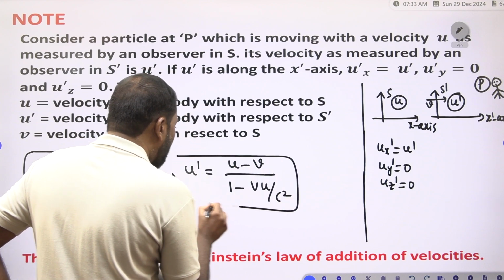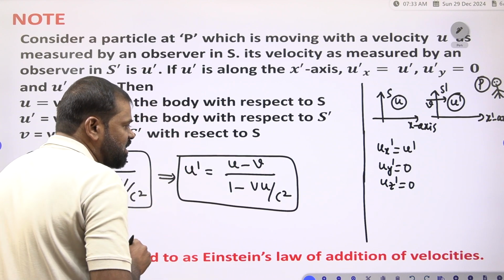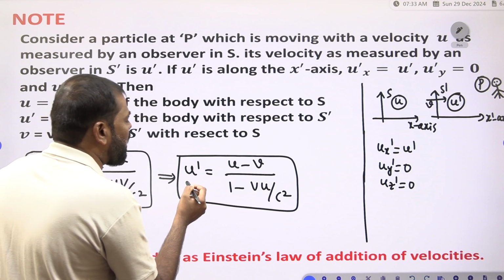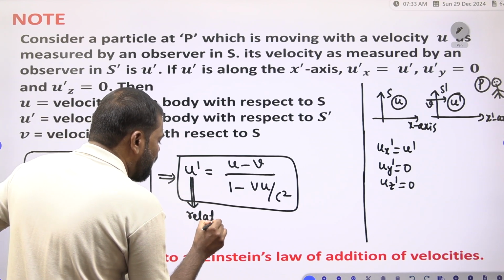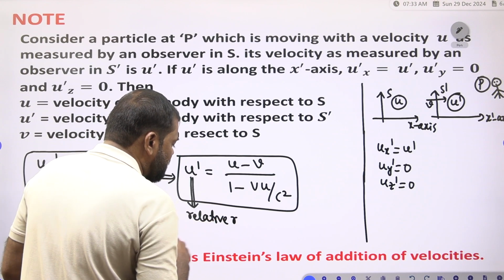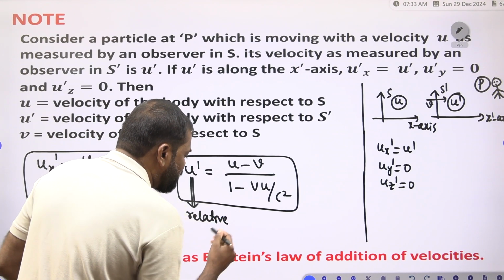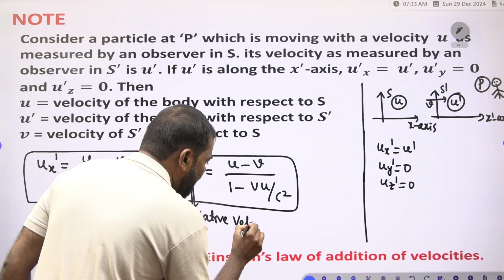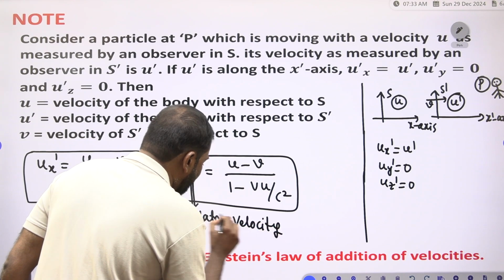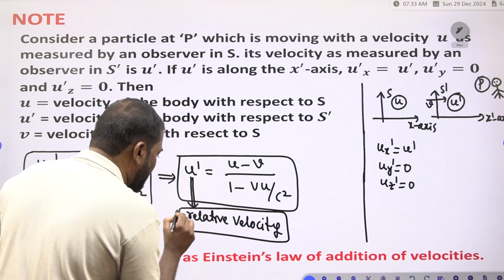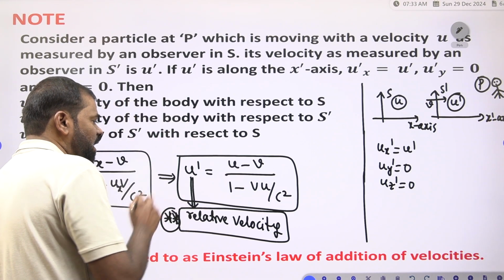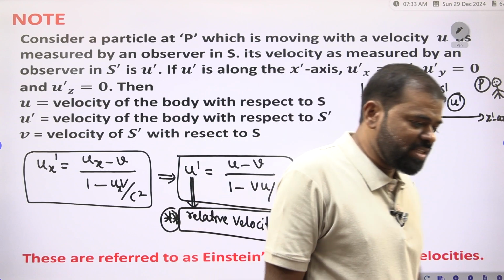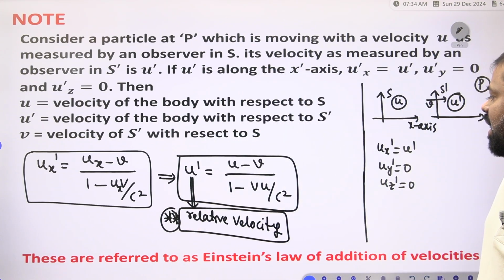Substituting, u dash is equal to u minus v divided by 1 minus v u divided by c square. This velocity we also call the relative velocity. This is very important. Many times competitive exams ask you to find the relative velocity also.